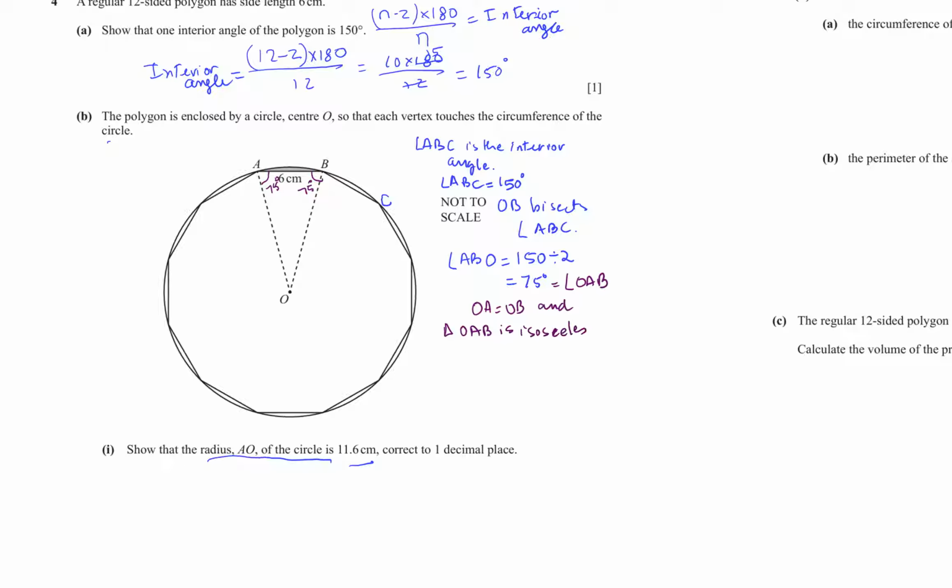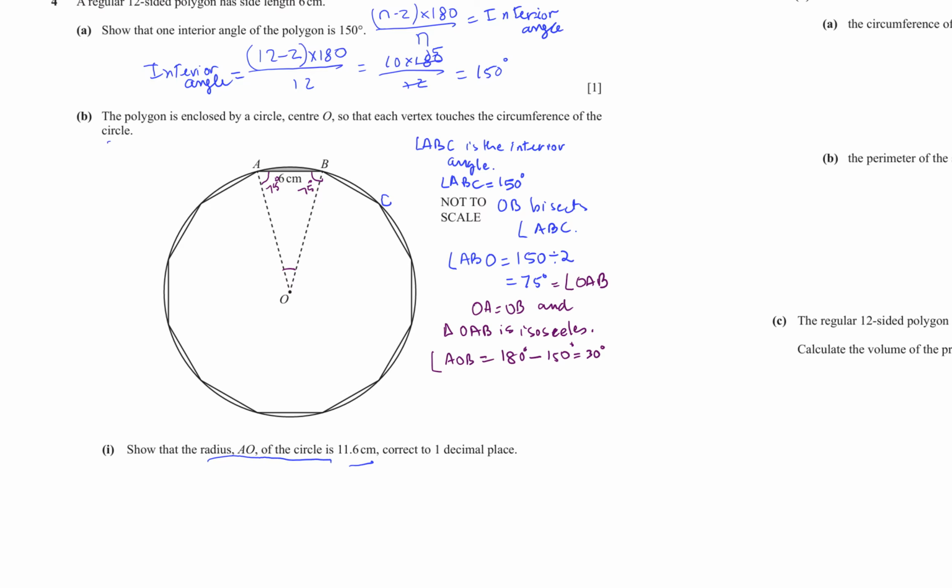Okay, so we know that AB is 6 centimeters, so we can find out what angle AOB is. 180 minus 75 plus 75, 150, that is 30 degrees.